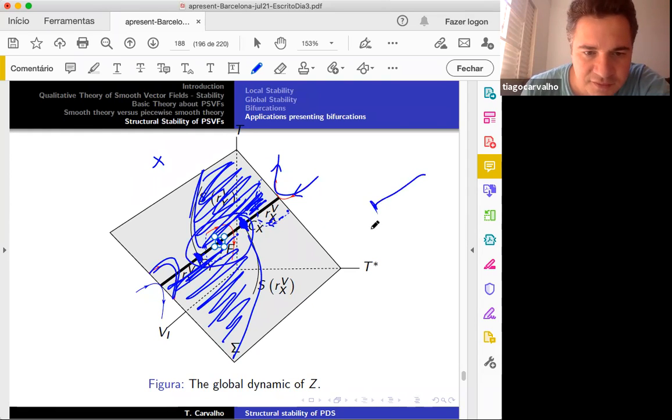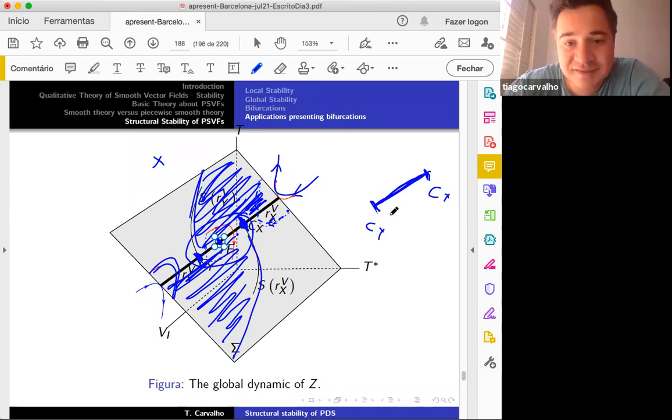So we have these two cusp points, and inside this tangent line, we define the tangential sliding vector field, and here we have a fixed point of this tangential sliding vector field.